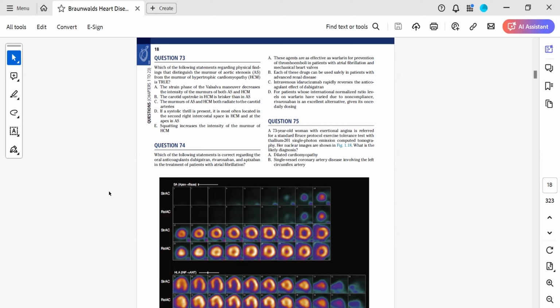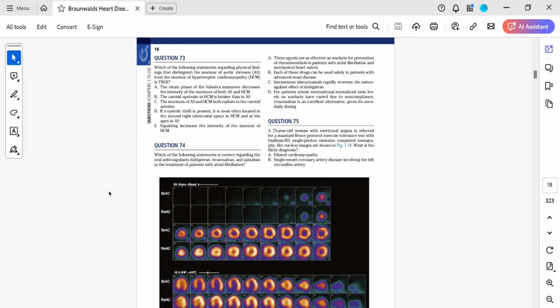But I think there is usually a caveat for renal dose reduction. I think that's also false. C. Intravenous idarucizumab rapidly reverses the anticoagulant effects of dabigatran.